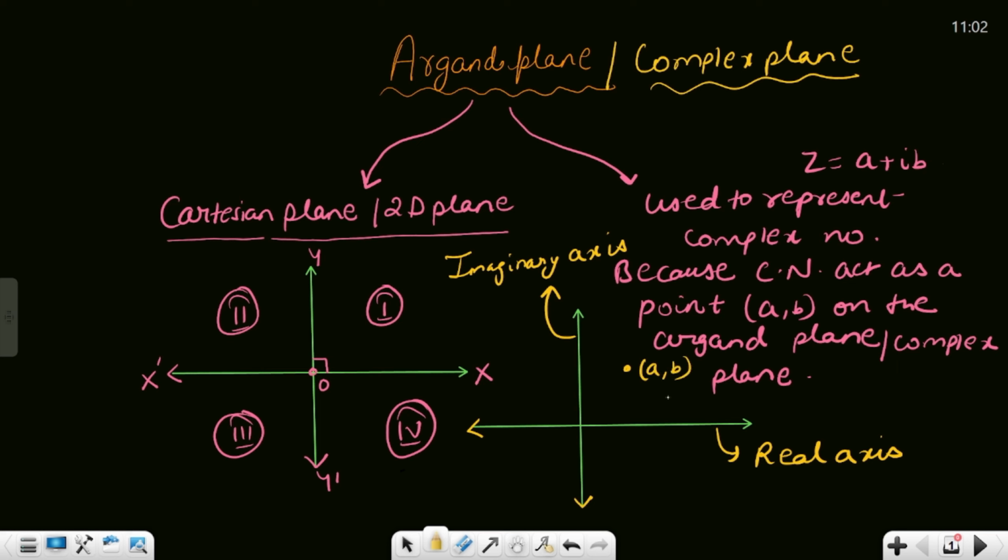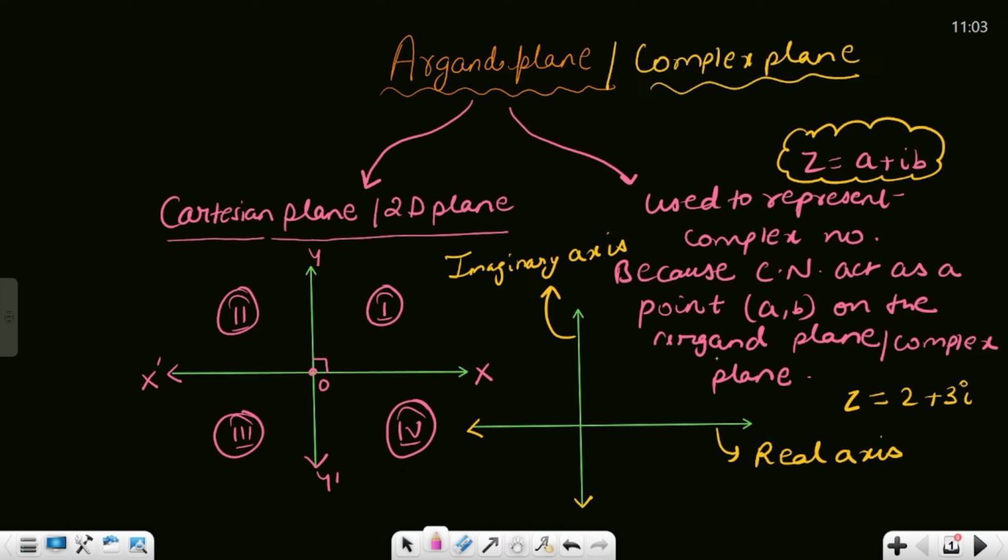So a comma b is acting as a point on this Argand plane, which represents our complex number z is equal to a plus iota b.